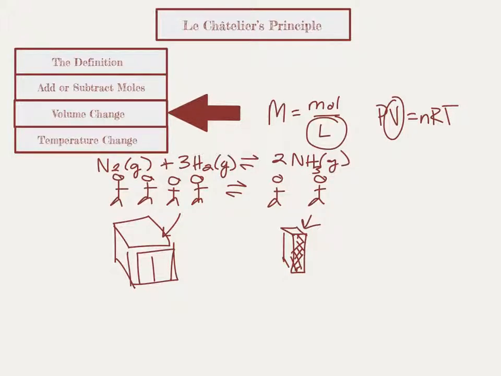In that scenario, if you increase my volume by having a larger elevator, our equilibrium would shift to the left to be more efficient. If I decreased my volume by using a tiny old-fashioned elevator, I would shift my equilibrium to the right to be more efficient in a tiny elevator. The same goes for aqueous scenarios.